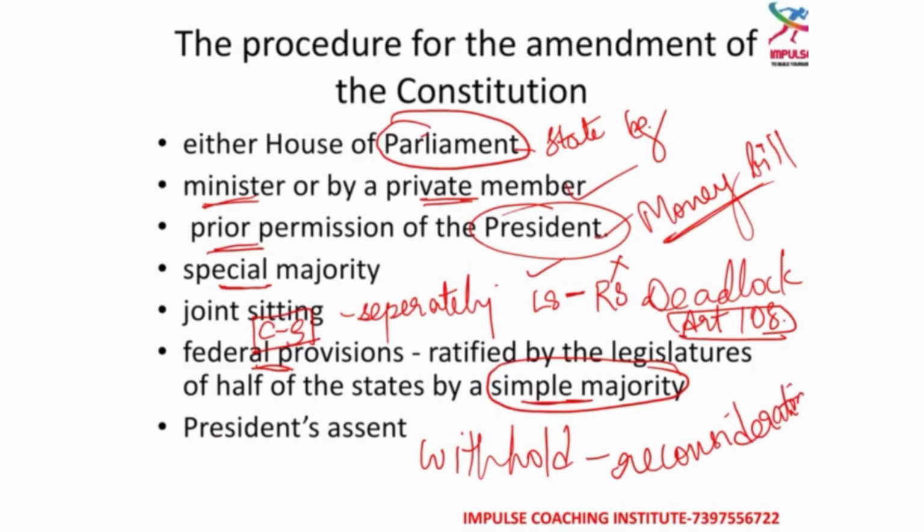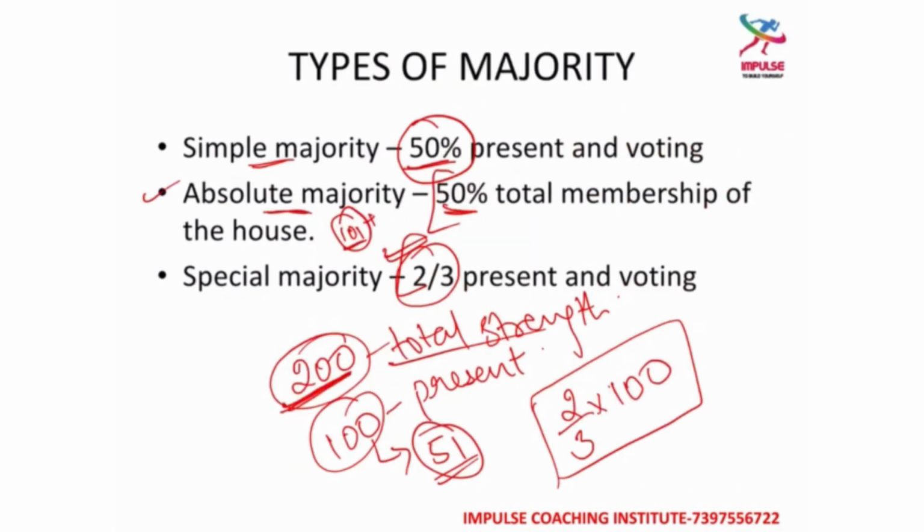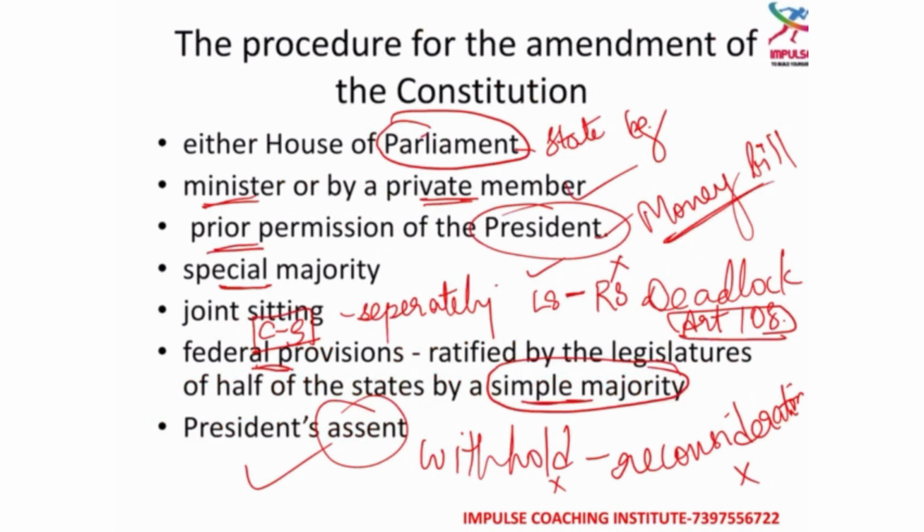He doesn't have these options, he has to give his assent. So this is the procedure for amending the Constitution. Once the President gives his assent, the bill becomes an act, that is a Constitutional Amendment Act, and the Constitution stands amended in accordance with the terms of the Act.